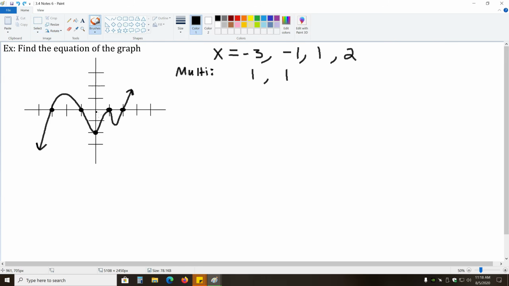Here, the graph bounces back, so it has a multiplicity of 2. Remember, we're not going to put multiplicities of 4, 6, 8, and so on. And finally here, it has another straight line through it, so it's again a multiplicity of 1.